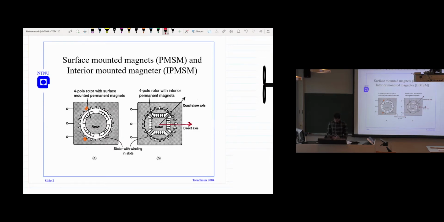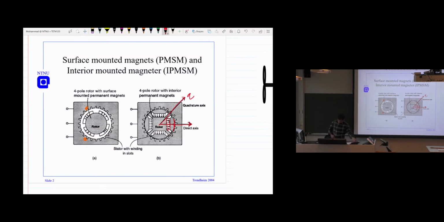If we look at the air gap, we have one air gap due to the magnet here, and another one, the natural air gap. So we have two air gaps in the d-axis. Then if you look at the q-axis, here, we see that in the q-axis we have only one small air gap.